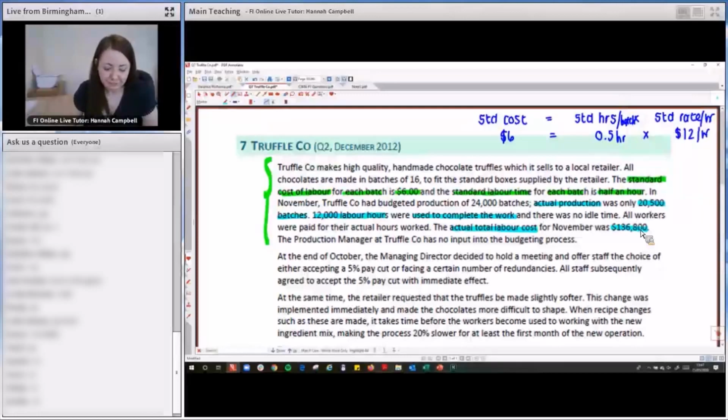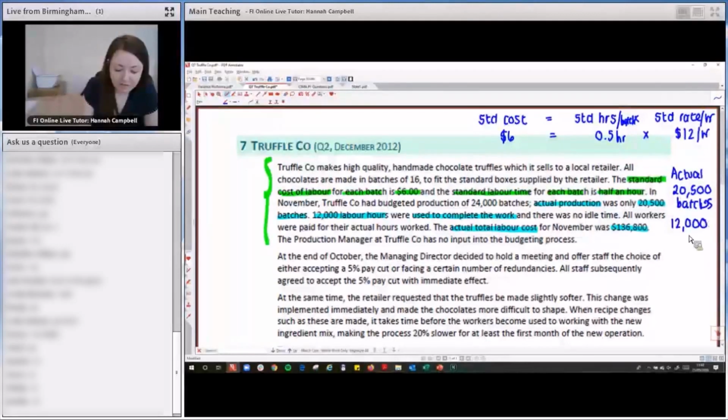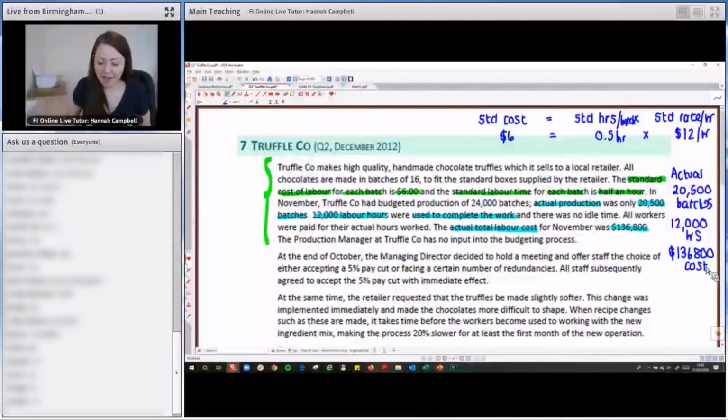Okay, so if you were using the other method, in terms of writing everything down, you'd write your actual information. So you've got 20,500 batches, you've got your 12,000 hours, and you've got your 136,800 costs, and you could write it down: actual batches, actual hours, actual cost.